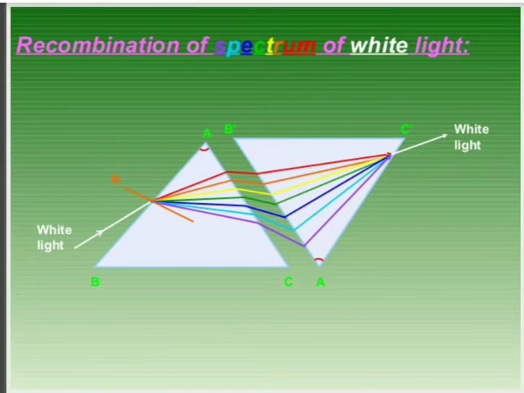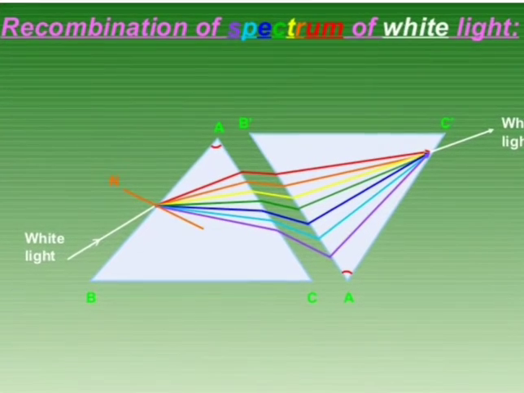Okay, then how can we say that white light comprises 7 different colors? Students, you can see here we have taken 2 prisms which are placed inverted to each other. In one prism I have marked A, B, C, which is kept upward, and the other prism is in the inverted position, A dash, B dash and C dash.